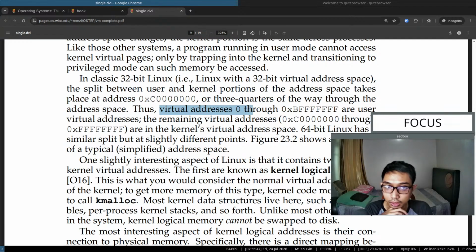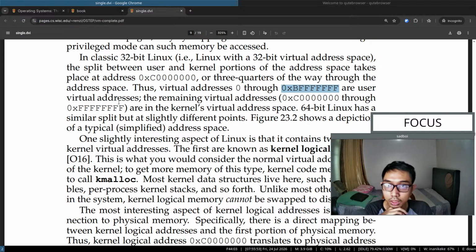Thus virtual addresses 0 through this one are user virtual addresses.